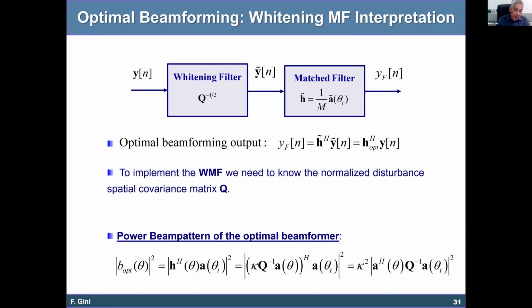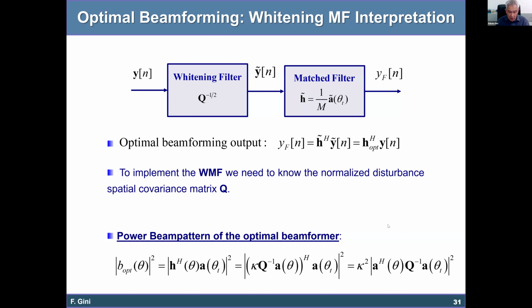The power beam pattern of the optimal beamformer, as usual, is the modulo square of the filter impulse response H, calculated in the steering direction theta, that multiplies the array response A, calculated at the direction of arrival of the source. So if you replace H with the expression of the optimal beamformer, remember K is irrelevant, you can get this expression for the power beam pattern.